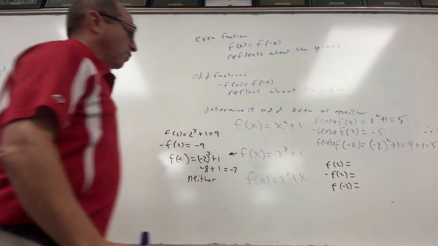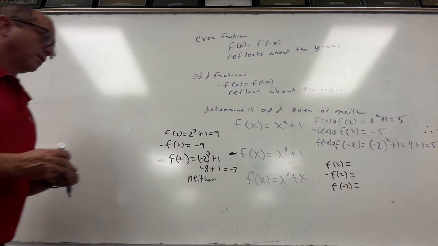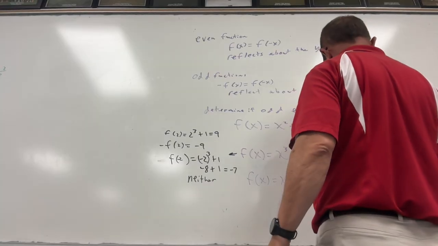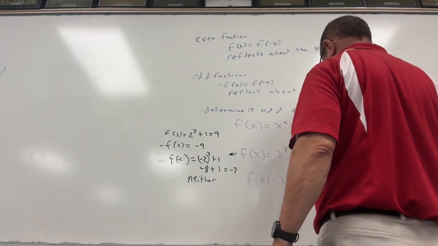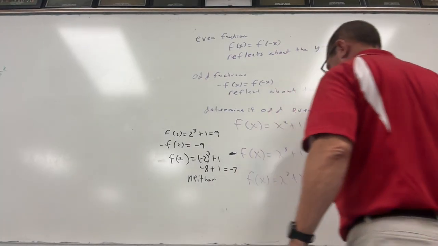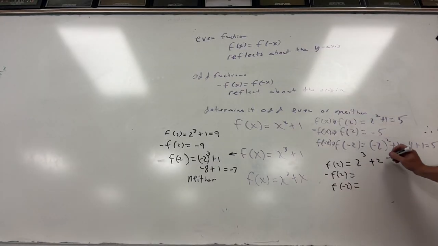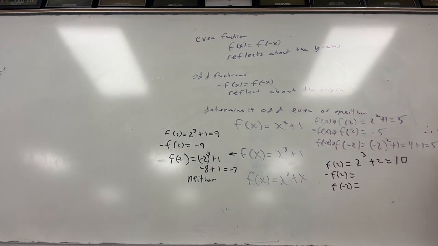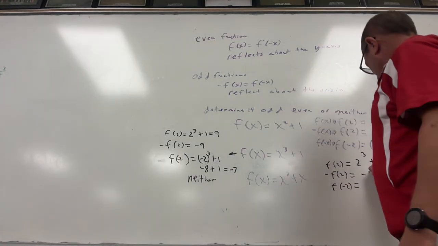Okay, so what is f of 2 here? Well, it's 2 cubed plus 2, right? And what is 2 cubed? 8. 8 plus 2 is 10. So the negative of f of 2 would be negative 10.